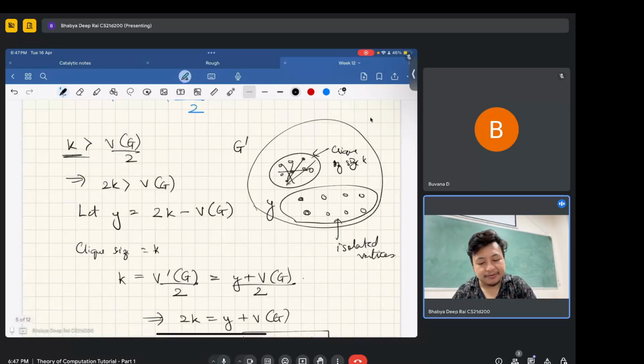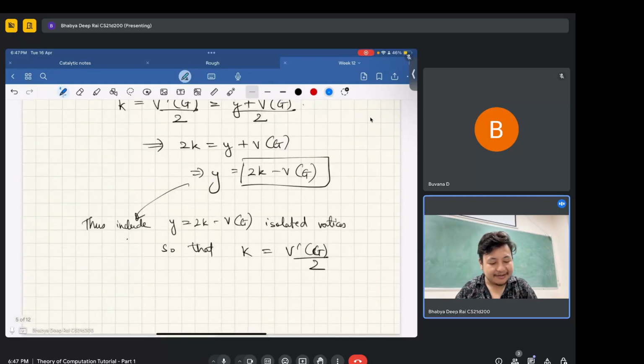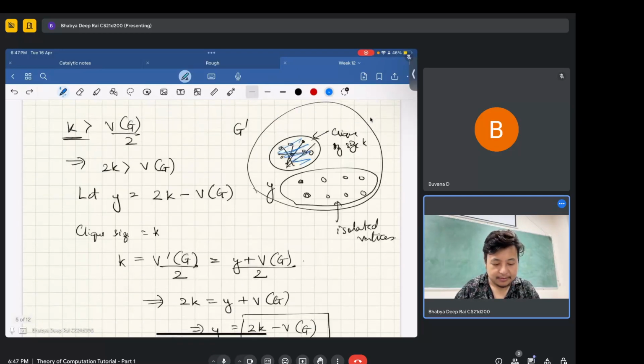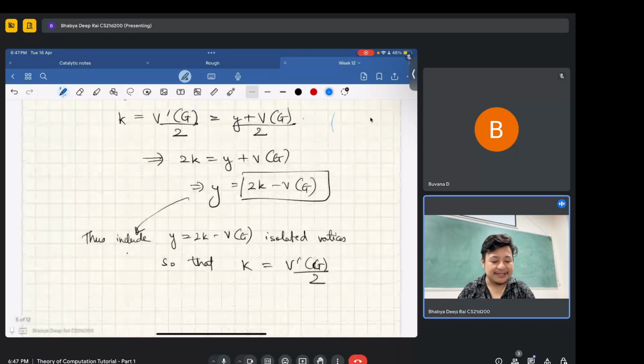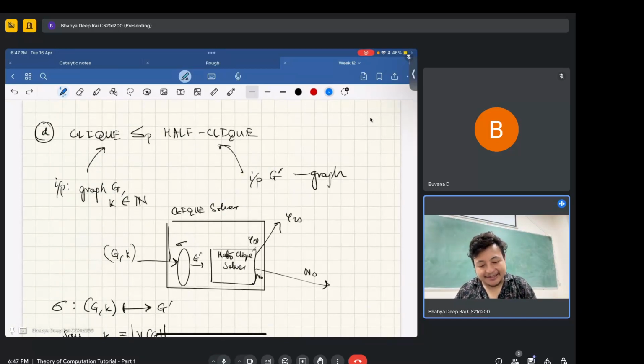Note that if the answer is yes, there is a clique of size k, then in the new graph there is a clique of size exactly half. If there is no clique of size k, then there will be a mismatch in the calculation, and a clique of size exactly half will not be present. So the answer is yes, clique reduces to half clique.